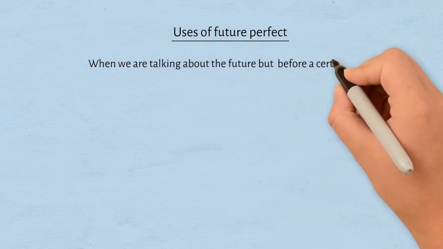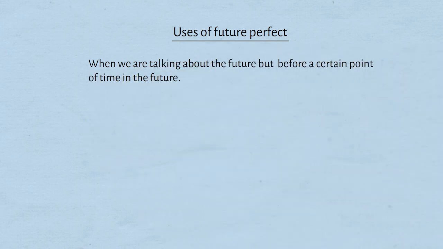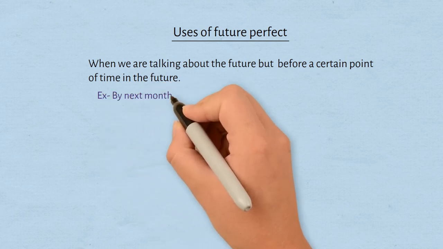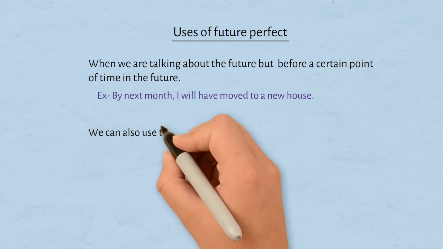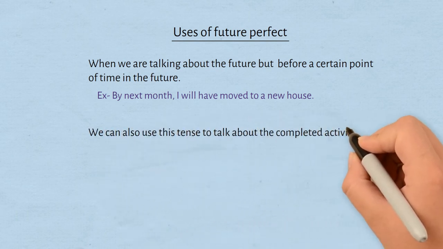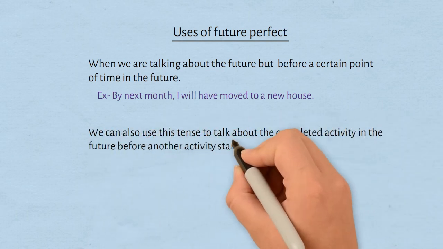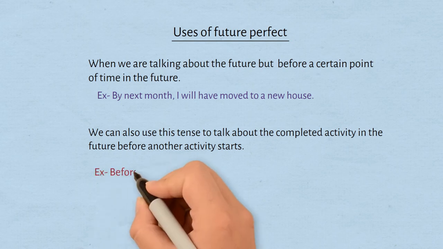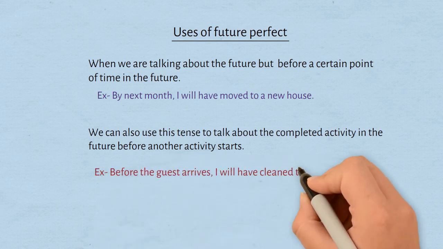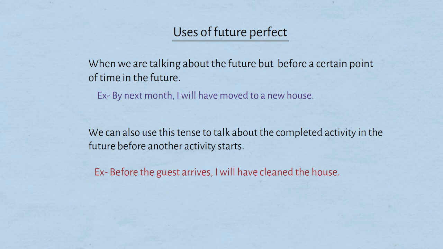When we are talking about the future, but before a certain point of time in the future, for example, by next month I will have moved to a new house. We can also use this tense to talk about the completed activity in the future before another activity actually starts. Example, before the guest arrives, I will have cleaned the house.